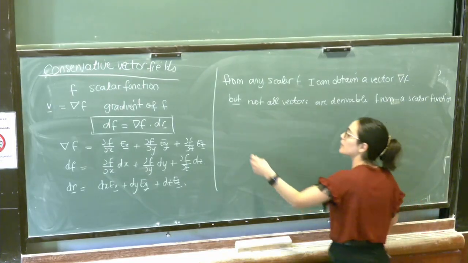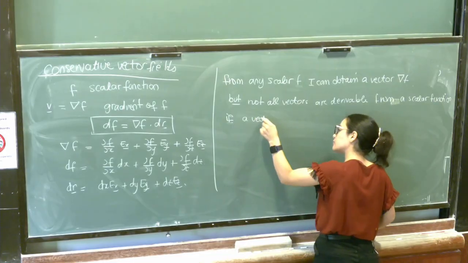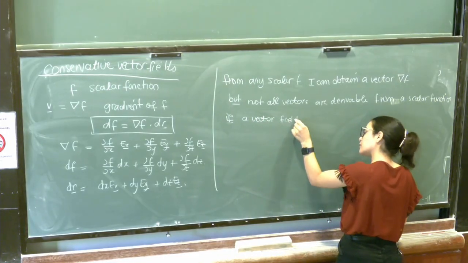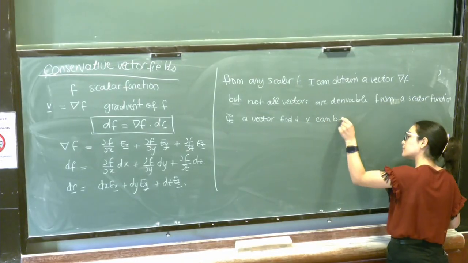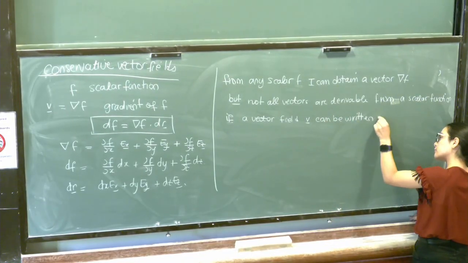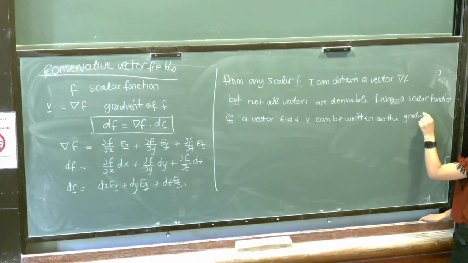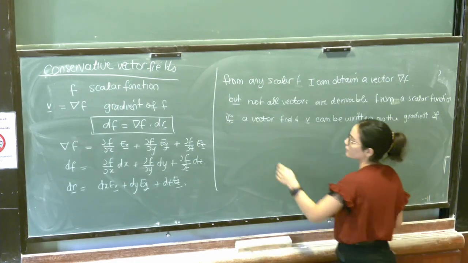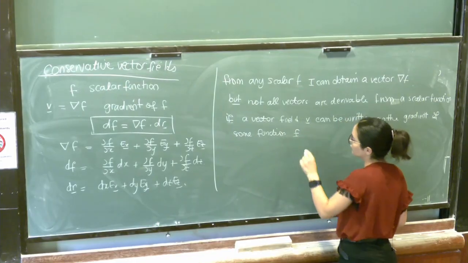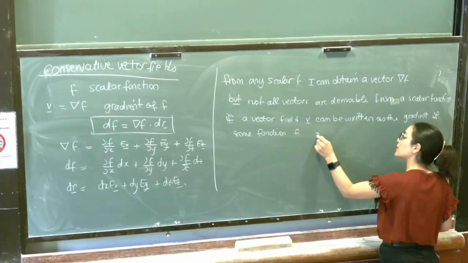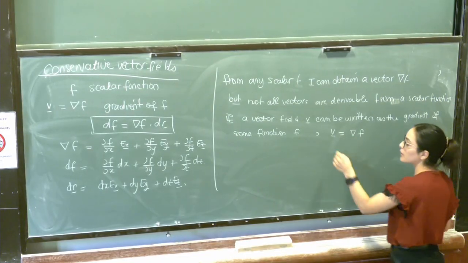If a vector field v can be written as the gradient of some scalar function f, meaning that v is equal to gradient f, we call v a conservative vector field.